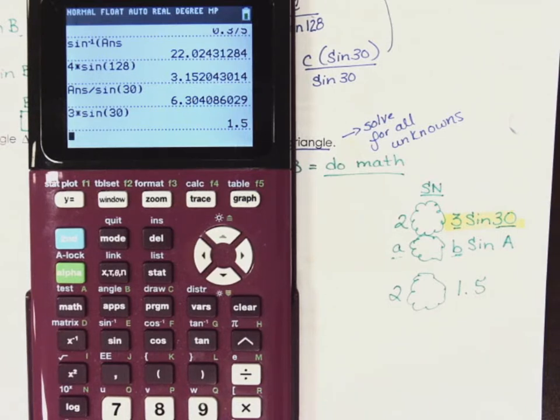Or, sorry, by 3. Sine of 30 is 0.5. And then if you times by 3, you should get your 1.5. Do your sine of 30 first. Then times by 3. Got it? I'm only really good at that because I teach the grade 12 course and I know that sine of 30 is a half. You will also get really good at that too.